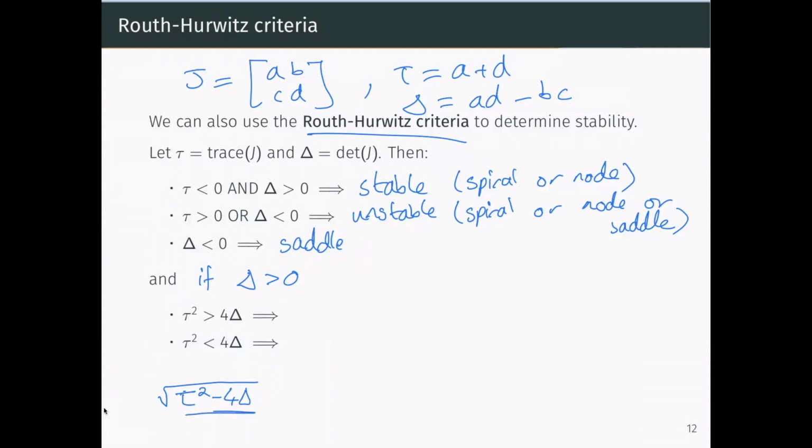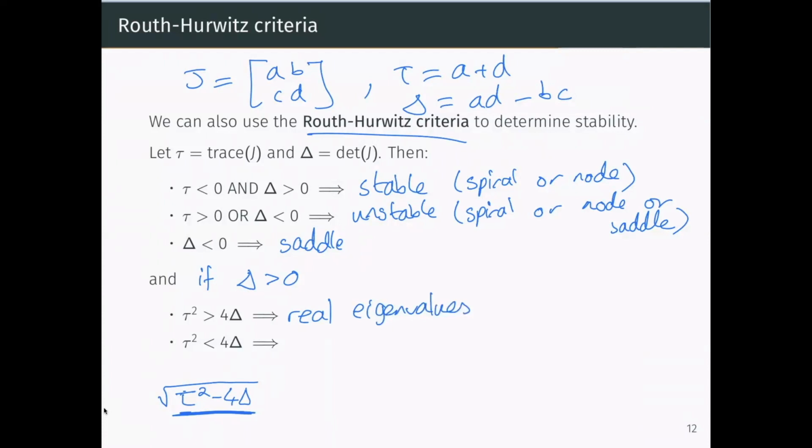And so whether this tau squared minus 4 delta is positive or negative tells us whether we're going to have real or complex eigenvalues. So when tau squared minus 4 delta is positive, so if tau squared is greater than 4 delta, then this term, which is known as the discriminant, under the square root is going to be positive, so we have real eigenvalues.